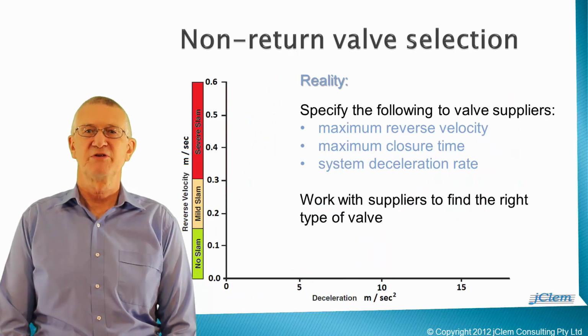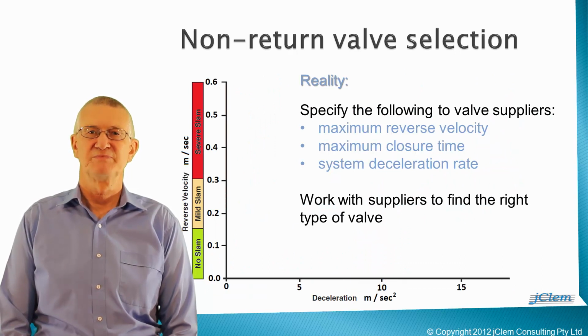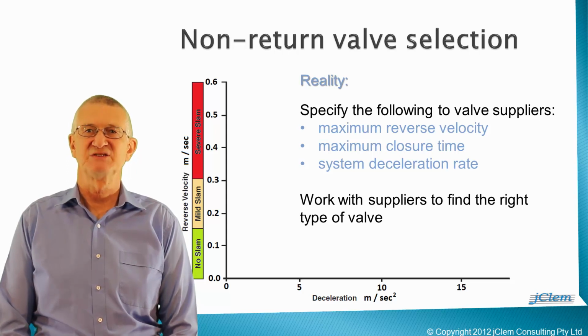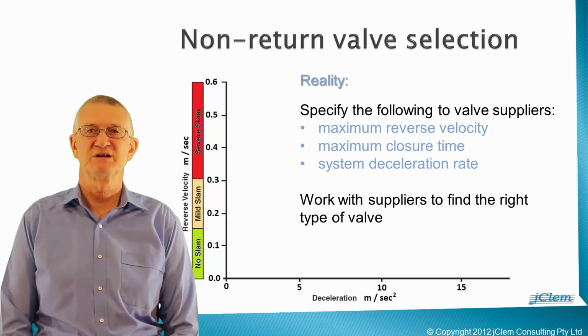So what is the preferred engineering approach? It's to develop a valve specification stating the parameters discovered by transient analysis. 1. Maximum reverse velocity acceptable. 2. Maximum closure time acceptable, and 3. The system deceleration rate.